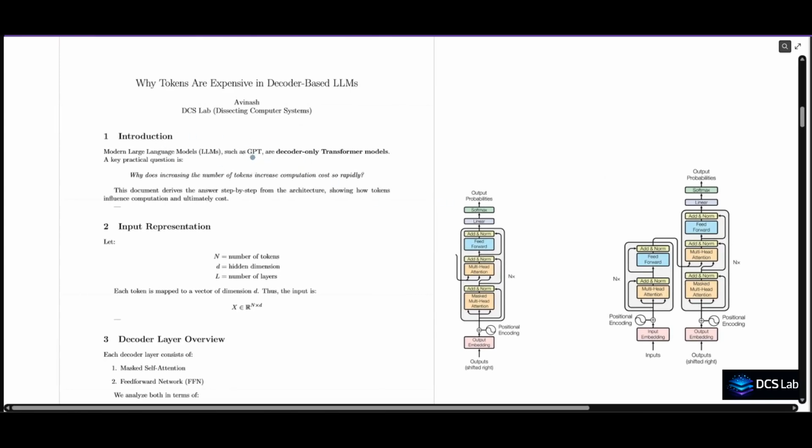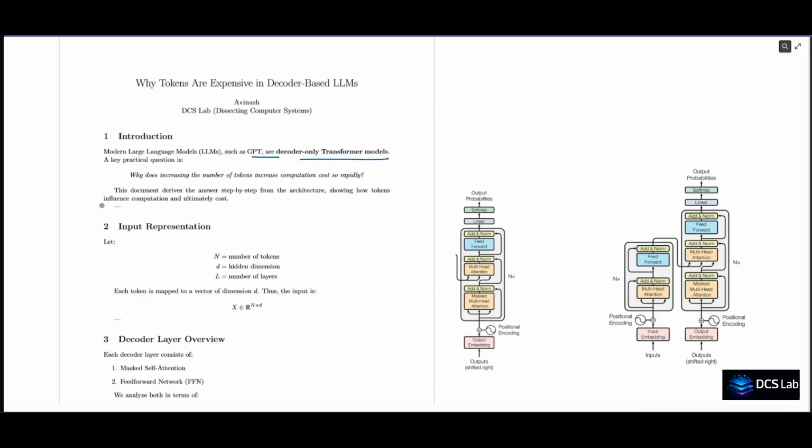So GPTs are decoder-only transformer models, no doubt about this. Let's suppose n is the number of tokens. Remember the OpenAI website I showed you where we tokenized our string. Let's suppose we got n tokens there. D is the hidden dimension. You might use any embedding to convert your word into a vector.